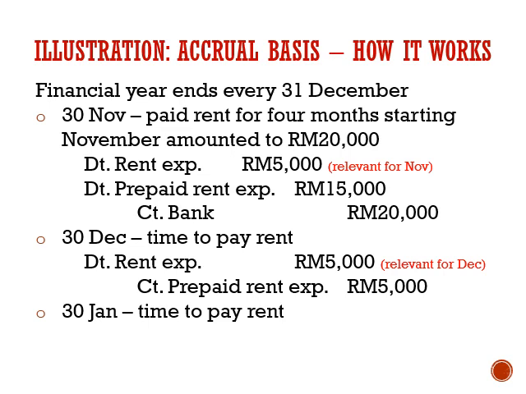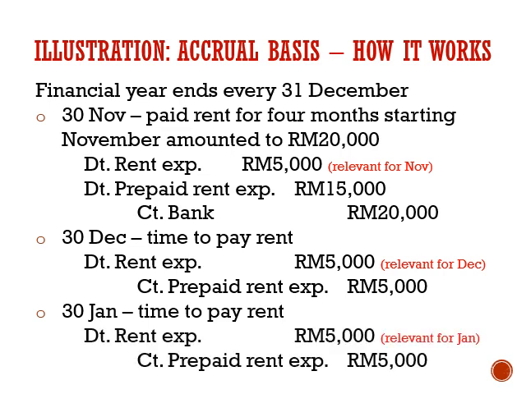That amount is meant for 2 months in the new financial year. Come 30th January, again, we need not make any payments since it has already been paid in November last financial year. So we simply take out from prepaid rent by crediting the prepaid rent expense account and transfer that to the rent expense account.